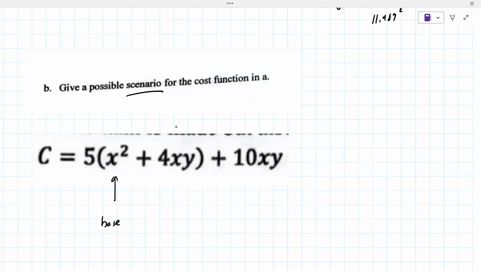So the scenario here is that the base is $5 per unit. These are the sides. There's 4 of them, so it's also $5 per unit. XY is another side.